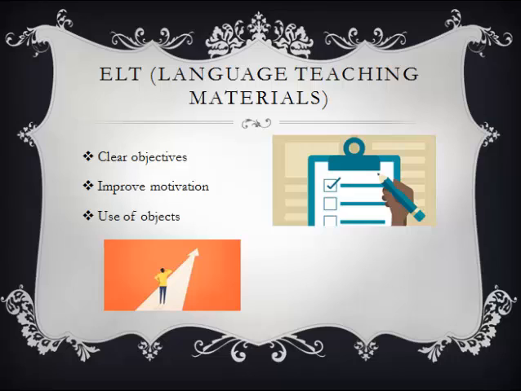The ELT materials are bound to have clear objectives about what we as teachers want to teach, how the ELT can improve the motivation and attention of the students in class, and objects that can be used in practice, keeping in mind all the things viewed in theory.